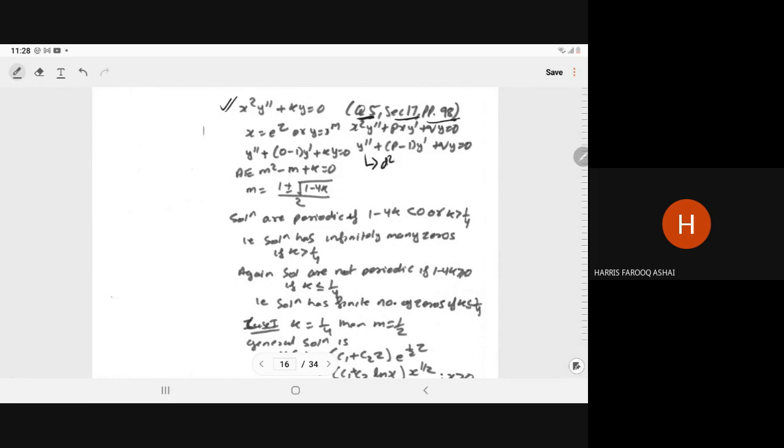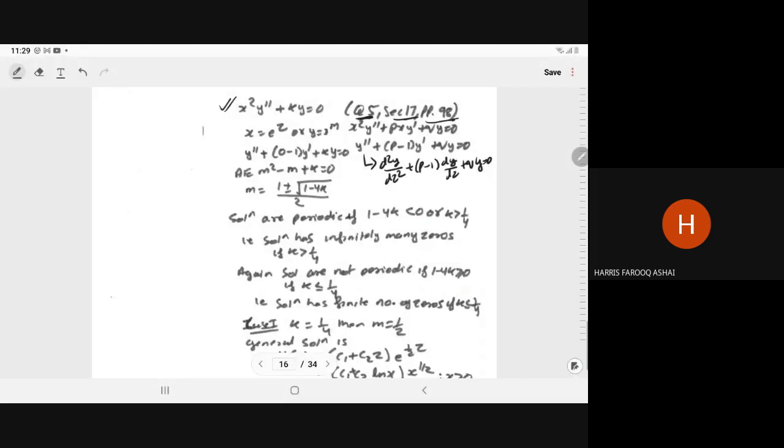This is d2y upon dz2 plus (p minus 1) dy/dz plus q y is equal to 0, and initially it was x square d2y upon dx2. So we have converted the independent variable x to z by the substitution x is equal to e to power z, or z is equal to ln of x.